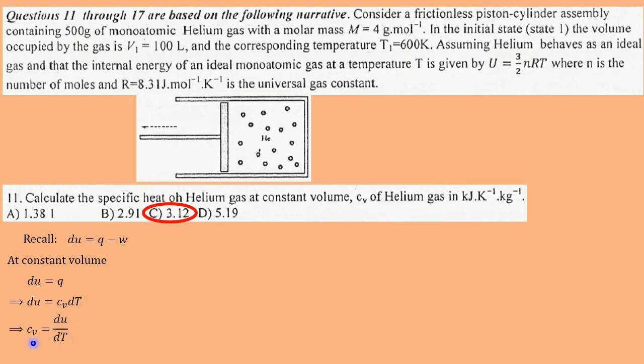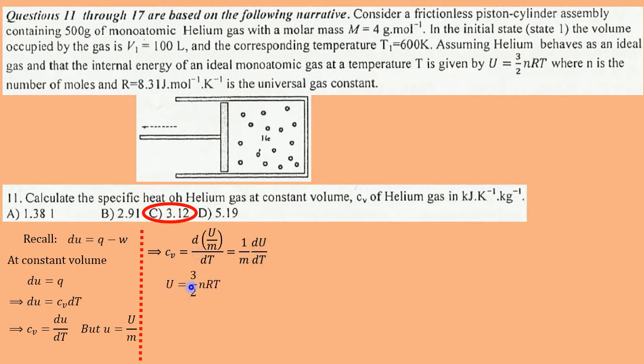Now Cv, when made the subject, is equal to dU on dT, but the specific internal energy is given by the internal energy divided by the mass. So we're going to have that substituted there for u, small u, and that gives us Cv equals dU on m dT, to be equal to 1 on m, when we factor out 1 on m, dU dT.